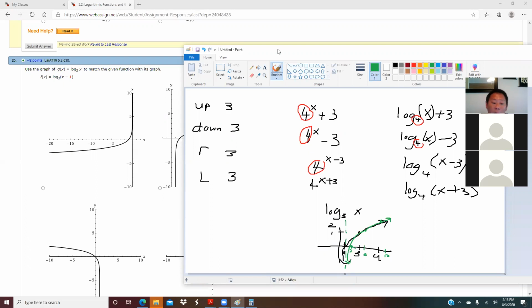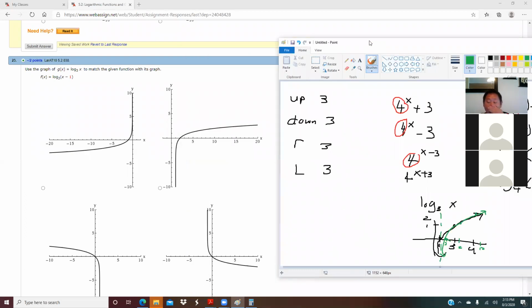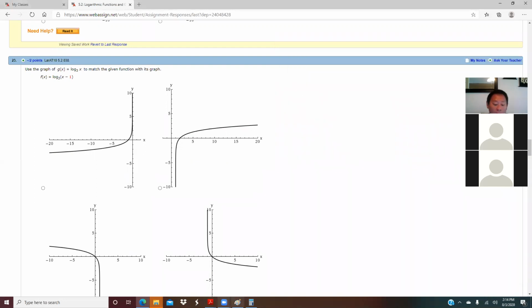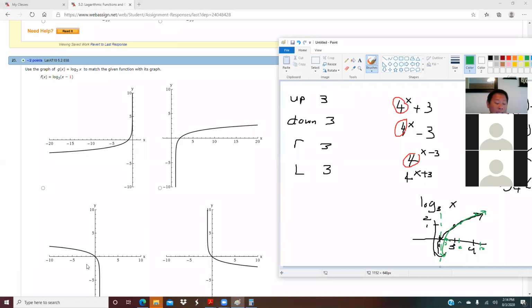So can you tell me which one is the graph that shows what I just drew? Is that A? Is that B? Is that C? Or is that D? A, B, C, or D? Yep, that would be B because it crossed at 2.